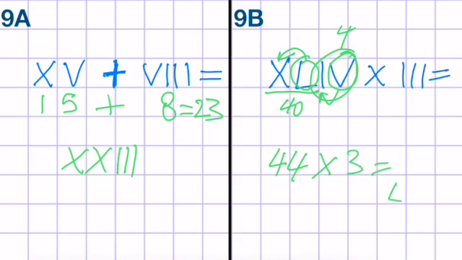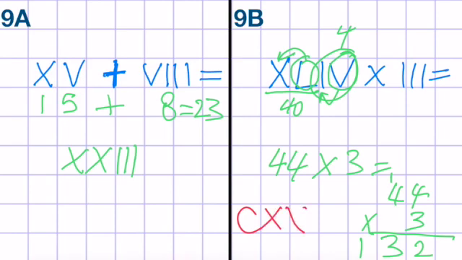So 44 times 3. 3 times 4 is 12. Carry the 1. 3 times 4 is 12 plus 1 is 13. So the answer is 132. So in Roman numerals, that would be C for 100. 30 is 3 tens. And 2 is II.